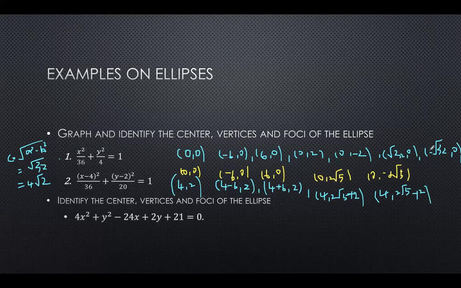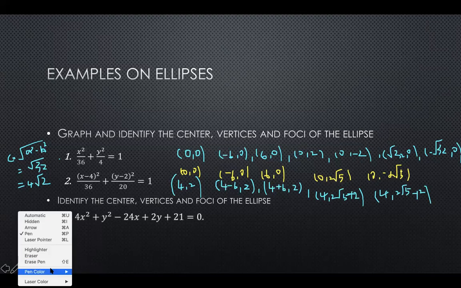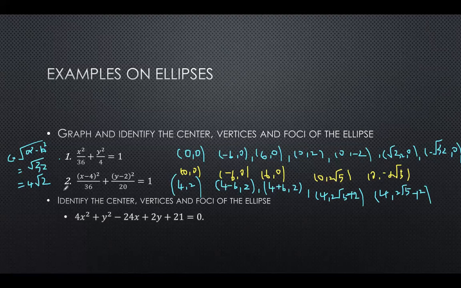And finally, for the foci, you have to find the c here. In this case, the c is the square root of a squared, which is 36, minus b squared, which is 20. You get square root of 16, which is 4. Right.